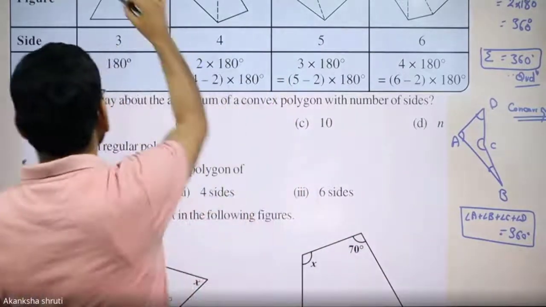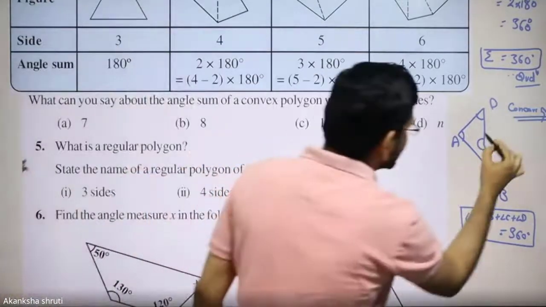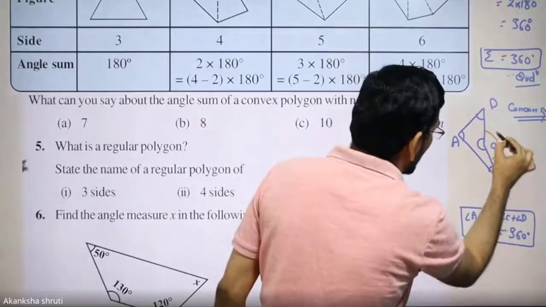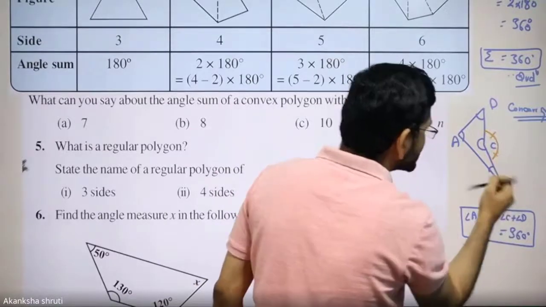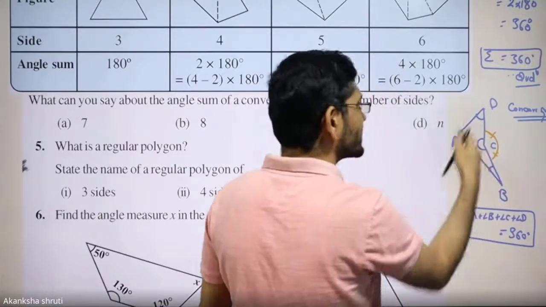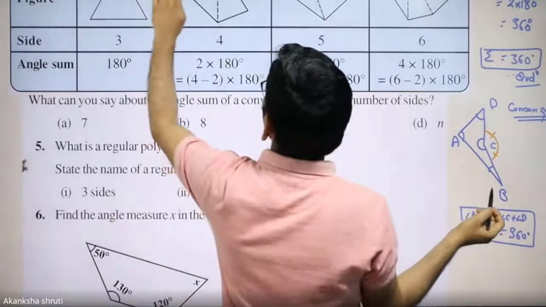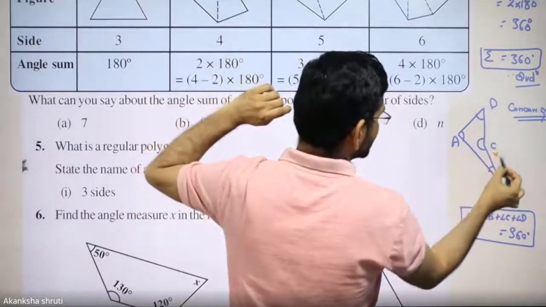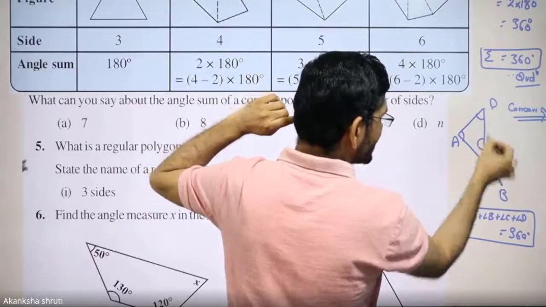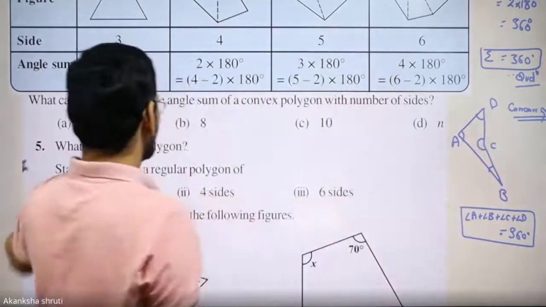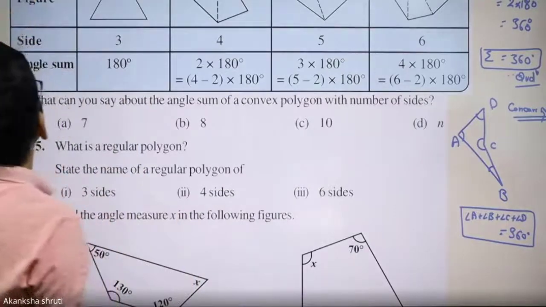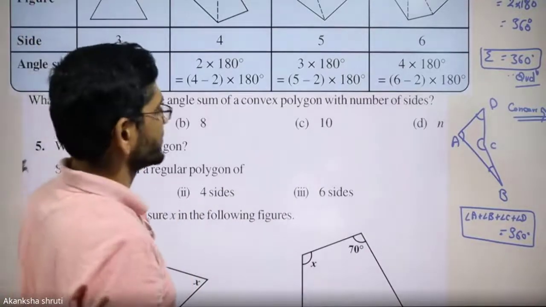Many times our students commit the mistake of taking this angle as this one. No, students, this is the external angle for this concave quadrilateral. Here it is asked for the internal angle. So we shall consider the angle which is inside this figure or closed area. That we have to keep in mind.